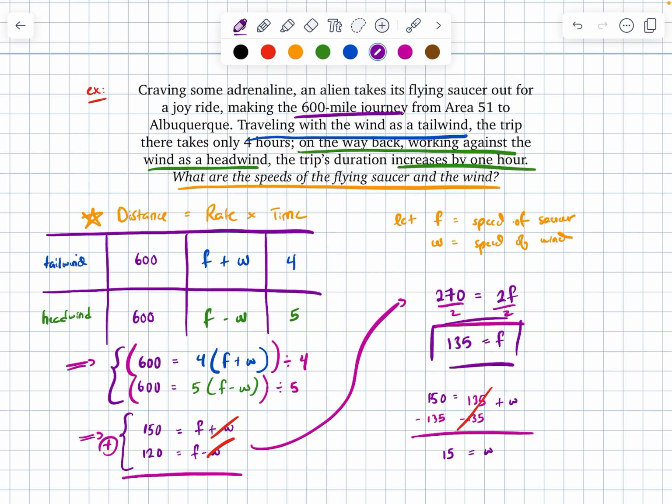These go away on the right. 150 minus 135 is 15. So in context, I've solved my system. That means that I travel at 135 miles per hour, my alien's saucer. And then the wind is at a speed of 15 miles per hour.